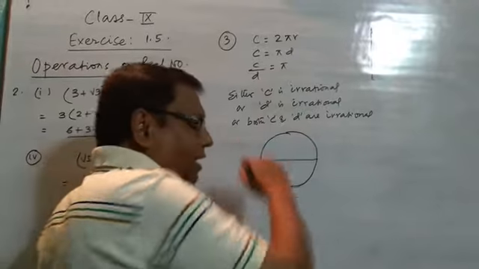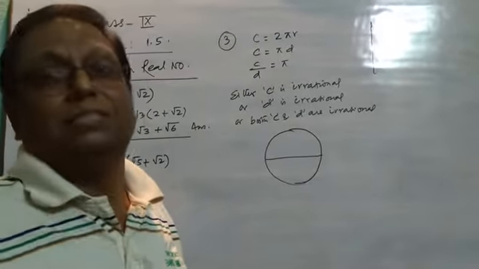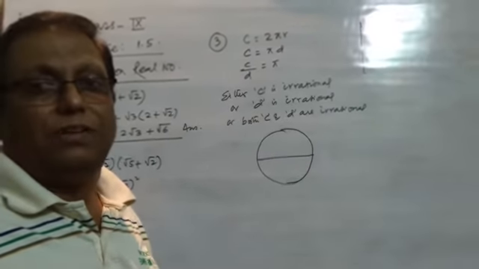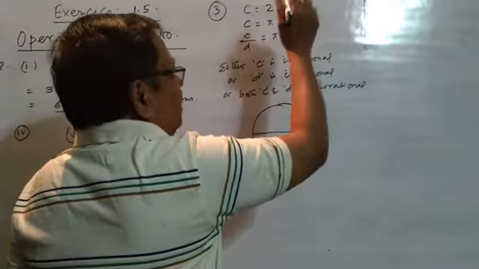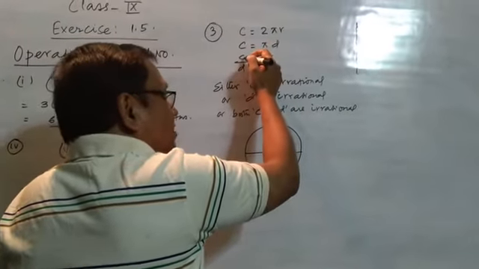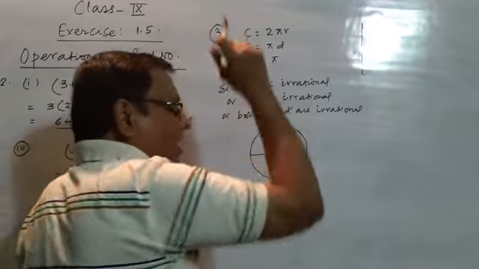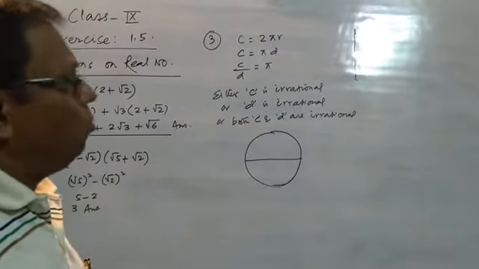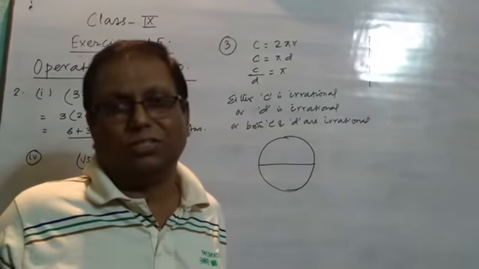Remember, whatever value we are getting by the thread or by the scale is not exact. It is an approximate value. It means pi is irrational. It means either C is irrational or d is irrational, or both C and d are irrational. Hence, no contradiction arises. There is no contradiction in this statement.